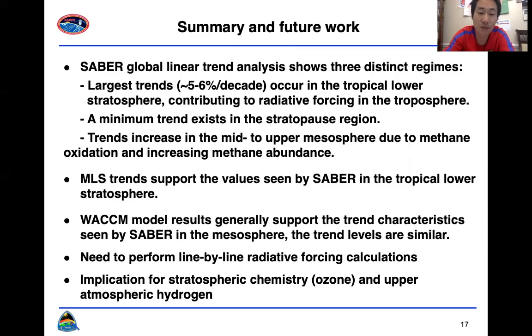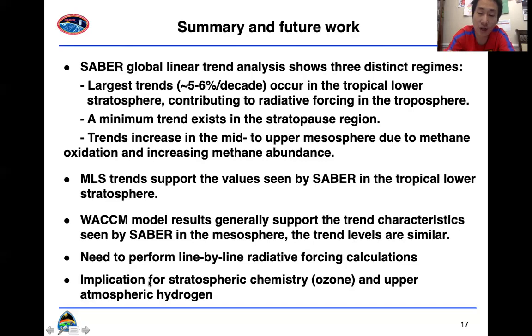The WACCM simulations support the trend observed by SABER in the mesosphere, but cannot reproduce the trend in the lower stratosphere. For future work, we need to perform line-by-line radiative forcing calculations of the water vapor trend on global warming.